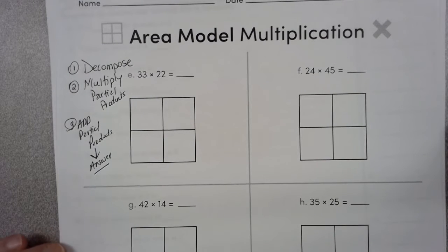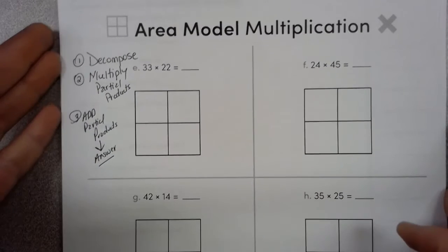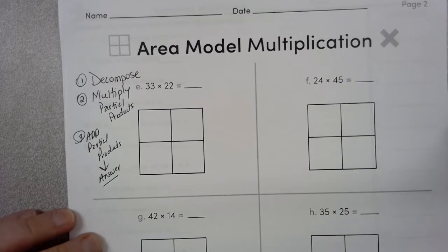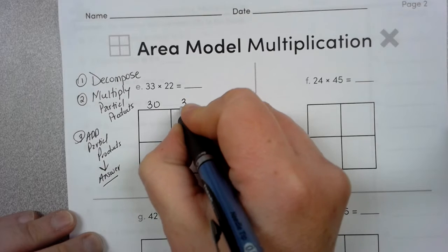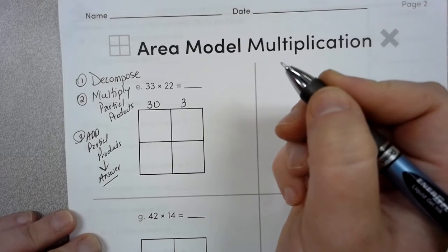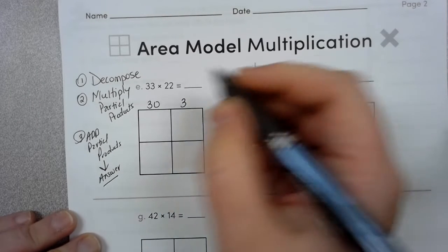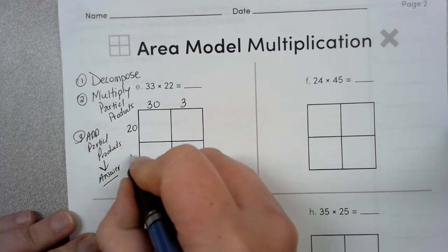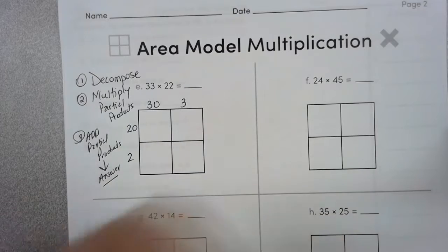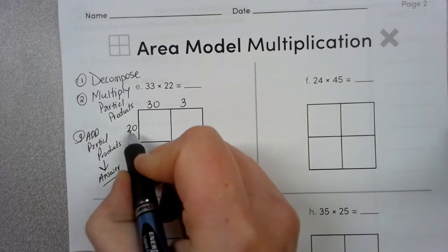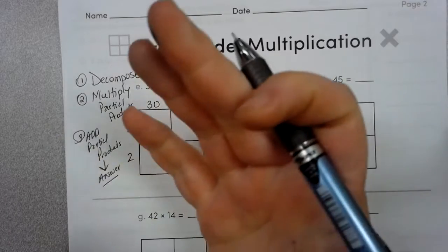All right, so let's go ahead and decompose. We have 33 times 22. So if I decompose 33, I get 30 and then 3. If I decompose 22, I get 20 and then 2. Now, what we're going to do is you can go 20 times 30 if you want to.